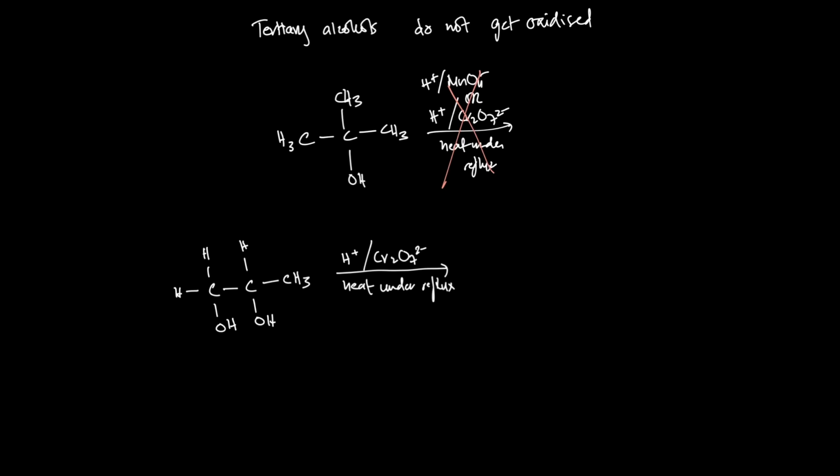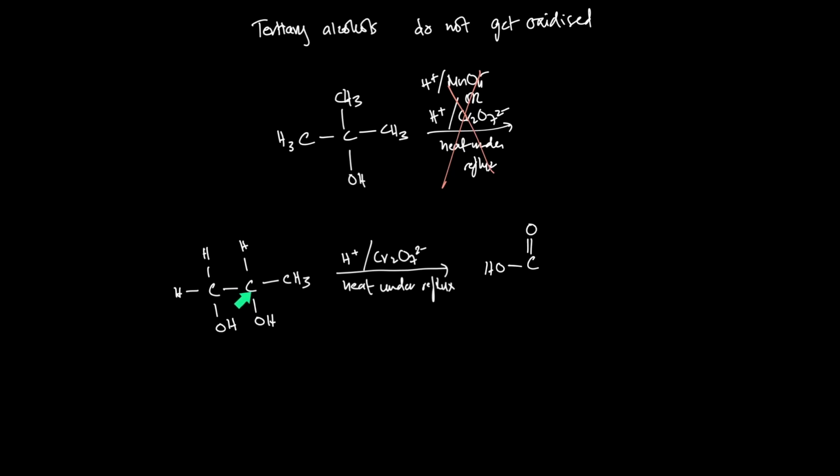Now, this group over here, what will this form if I heat it under reflux? What kind of a group is on this carbon atom? It is a primary alcohol. So what will a primary alcohol make when you heat it under reflux with an oxidizing agent, dichromate? You will make a carboxylic acid.